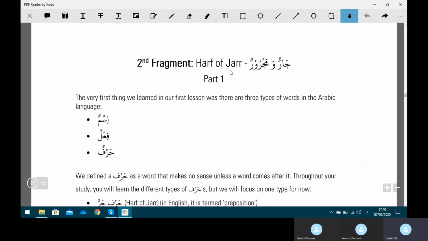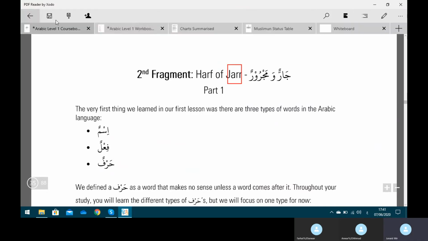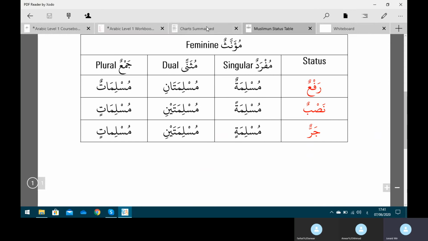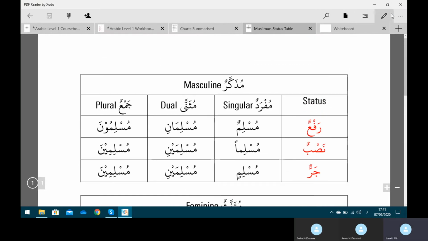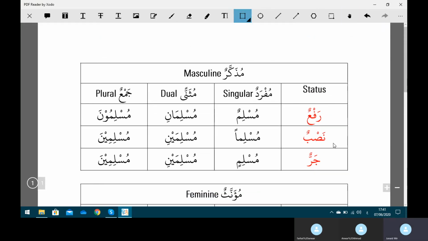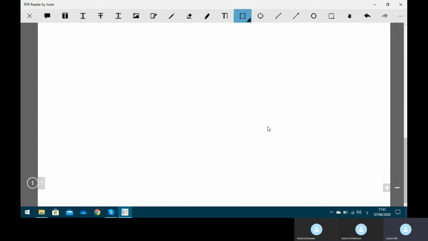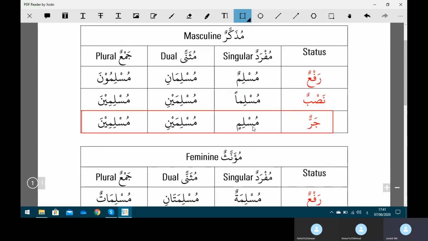Another thing I want to draw your attention to is it says harf of jar. The word jar, we've already done that. What is jar? Jar is a case ending. Let's go back to the Muslim table. This is jar, and that is jar. So raf, nasb and jar basically.